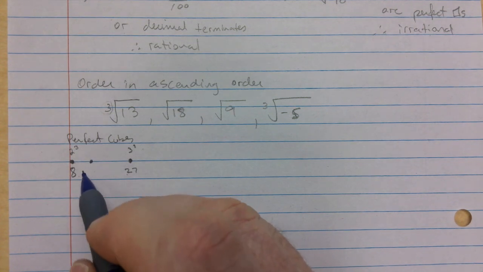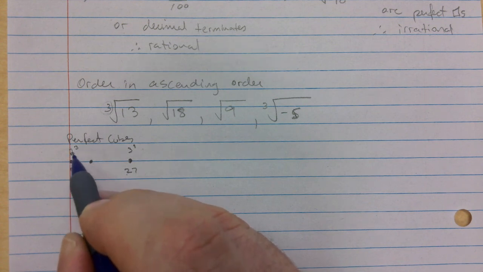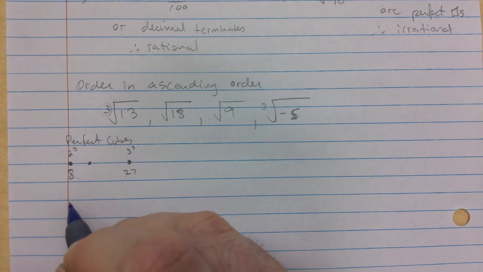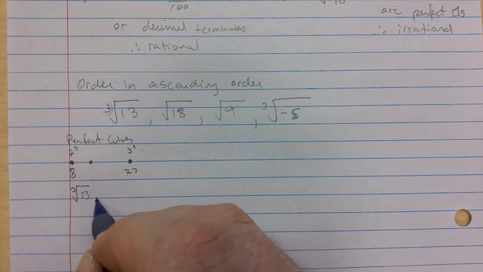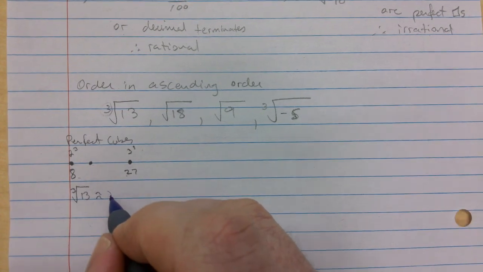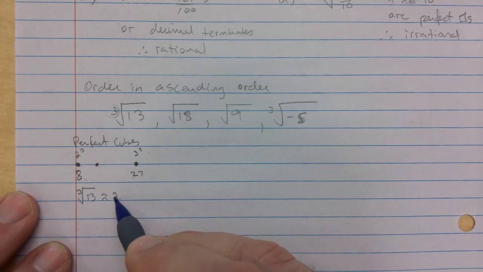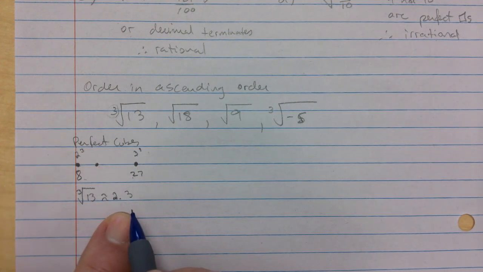Okay, so knowing that the cube root of 8 would be 2 and the cube root of 27 would be 3, this one here we can say, estimating, is approximately 2.3 or something like that. Okay, 2.3 is what I'm going to put down. That's close enough.